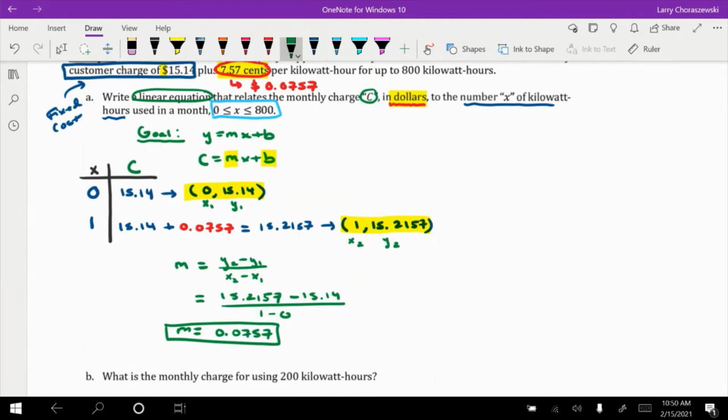Do we have a point on this line with an x-coordinate of 0? We do, and that would be this one right here. See, its x-coordinate is 0, so this 15.14 is actually the value of b.